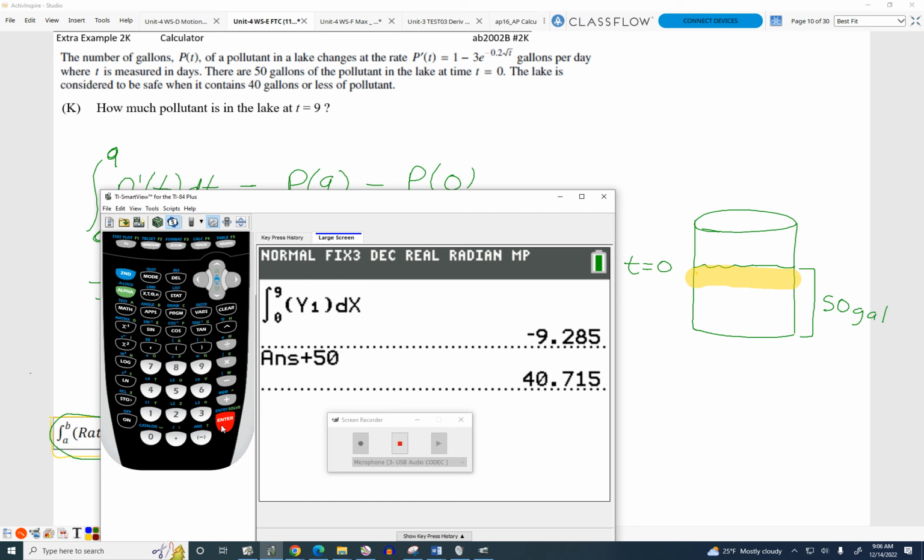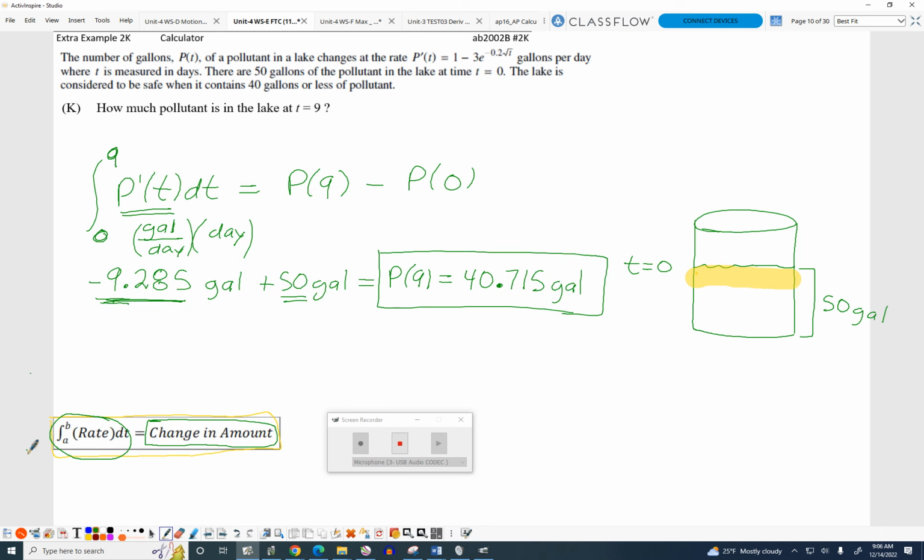Sweet, please. So could you just have typed it in your calculator? I think eventually this is the math we're doing. I guess you just do 50 plus the integral from 0 to 9. I guess that's exactly what you're doing, instead of doing the equals P9 minus P0. Does that make sense?